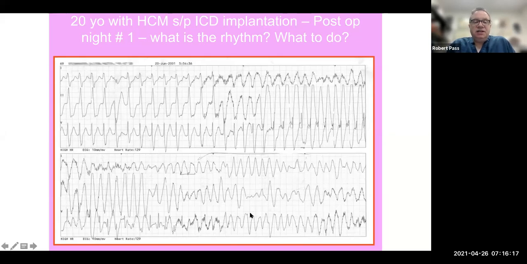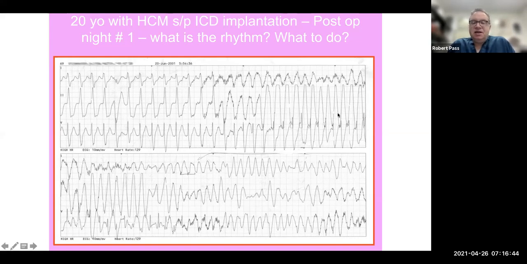Even on this one tracing on the bottom half, you see that the QRS is changing constantly. And in fact, what we saw when we interrogated this device was that it was sensing VF, but then it would undersense a lot of beats, to the point where it didn't meet the criteria of, say, 16 out of 20 beats at a rate above a certain amount. And so then it would reset itself.